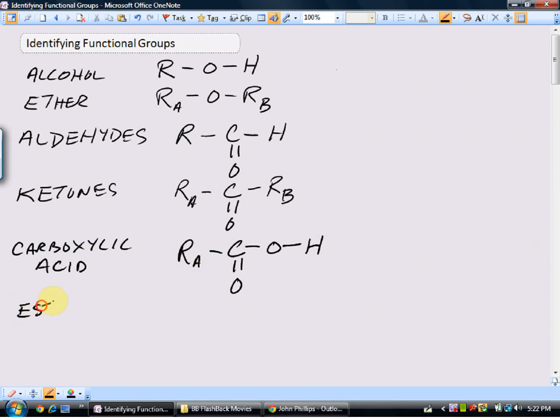Ester, again we start with that same combination in the middle, the carbon double bond oxygen to an oxygen, but now what we connect, carbon group on this side, carbon group on this side.